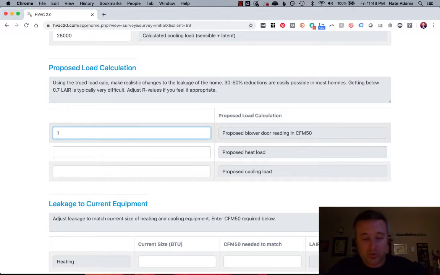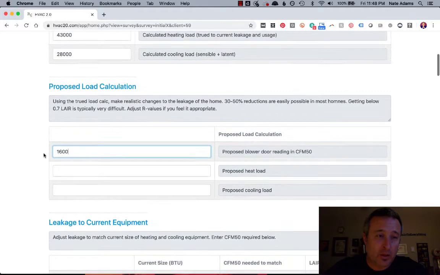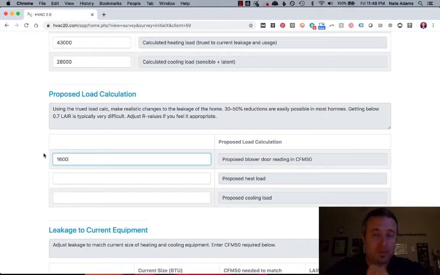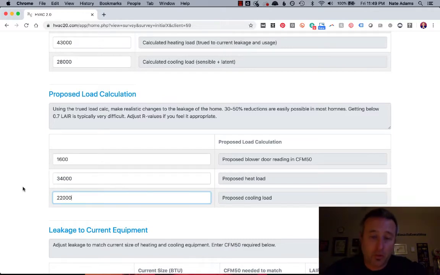That's a little aggressive, so let's say we can get it to 1,600 relatively easily. So we can take almost half out of it. And by doing that, we're at 43,000, and excuse me, my allergies are going crazy. So let's say we get this down to 34,000 and 22,000 for heating and cooling.